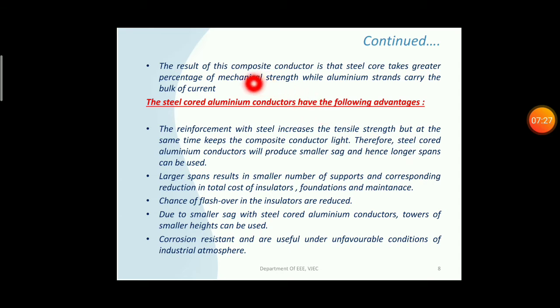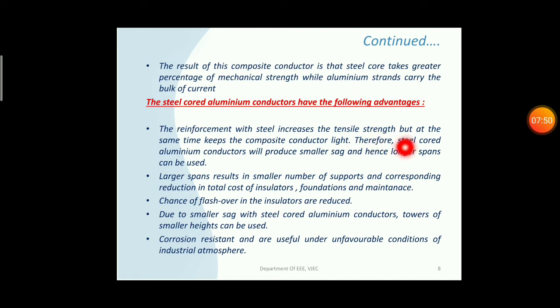By using a composite conductor with a steel core, it will increase the mechanical strength and the aluminum conductors will carry the bulk amount of current. The advantages of steel cored aluminum conductors are that the reinforcement with steel increases the tensile strength.